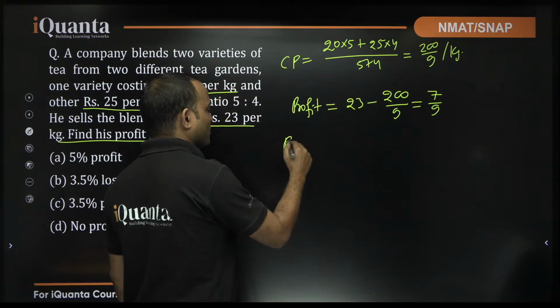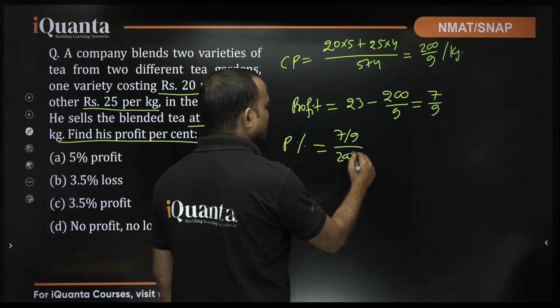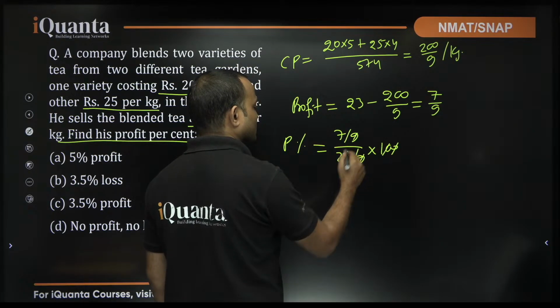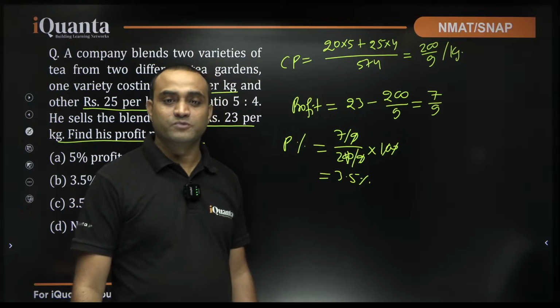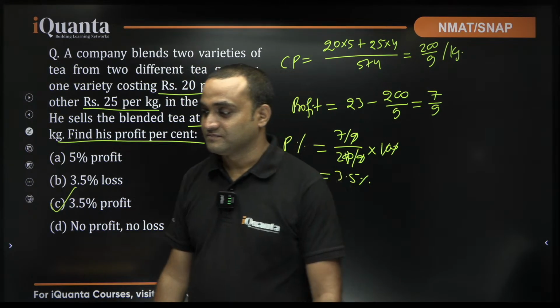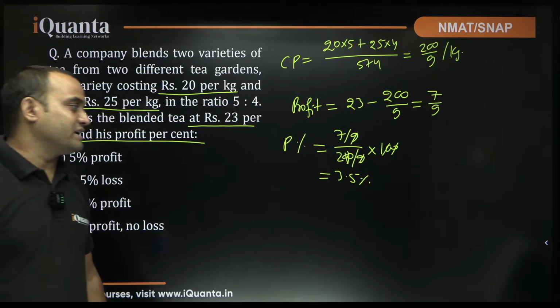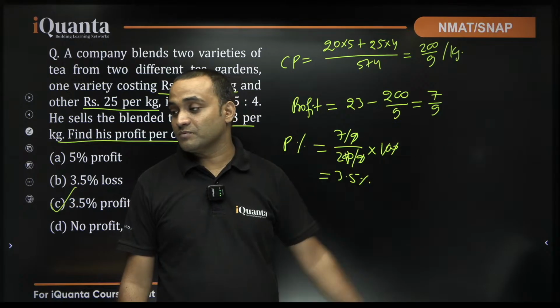What we can say, profit percentage is equal to 7 by 9 upon 200 upon 9 into 100. So 0, 0 cancelled out, 9, 9 cancelled out. It will be 3.5%. So the answer is option C. Sumit, 0.78 is not correct. This is profit value, not the profit percentage. Okay.